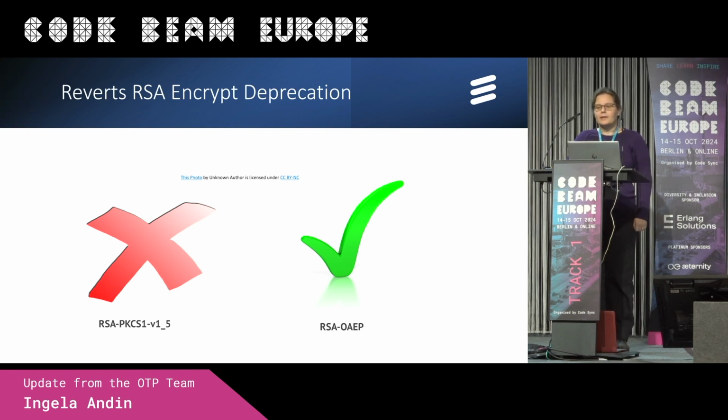As it turns out, there does exist a padding mode that you can use with these functions that is not vulnerable. So we decided to revert the deprecation. But we still do not recommend that you use these functions with the vulnerable padding.